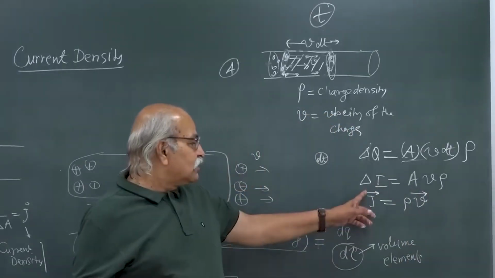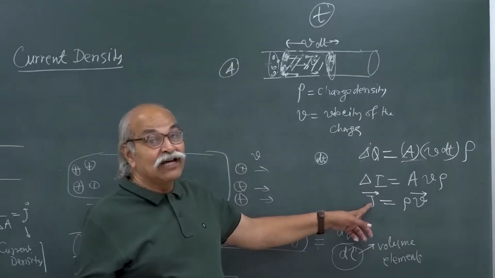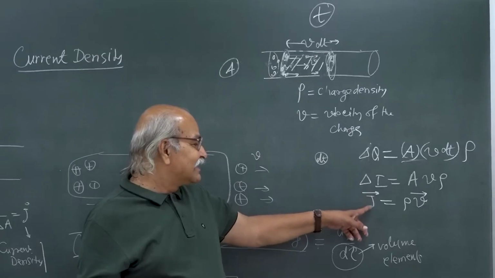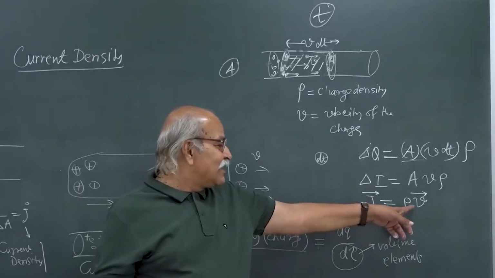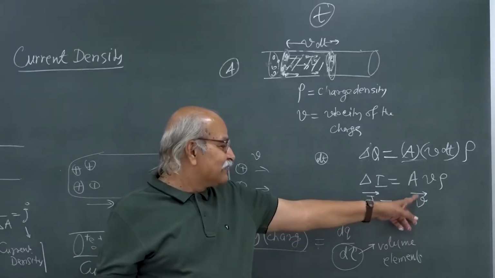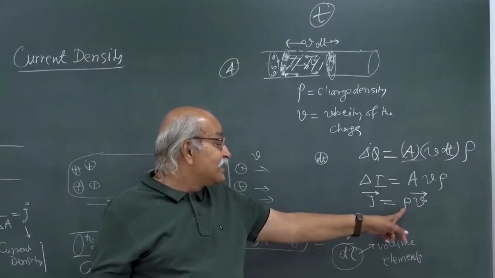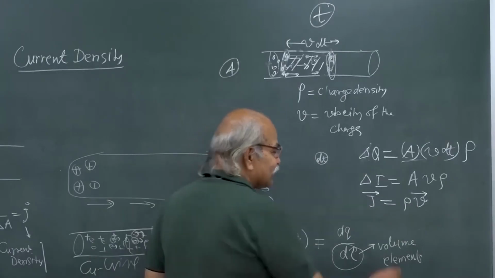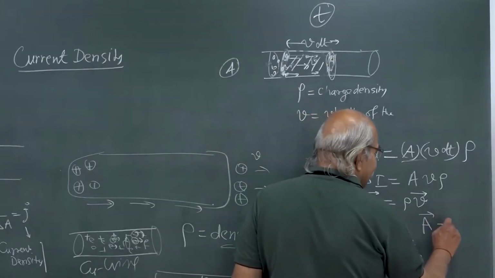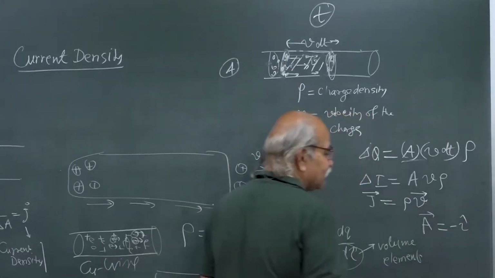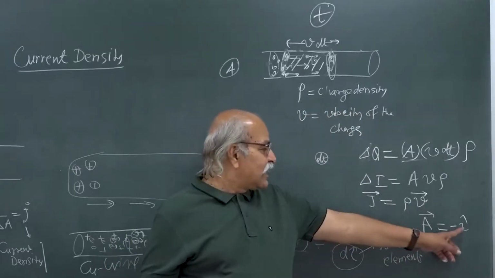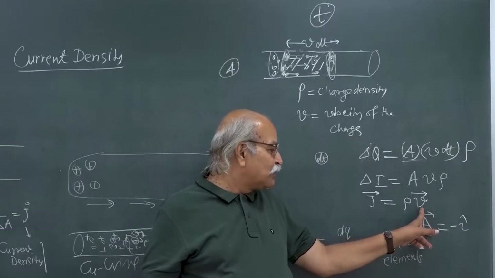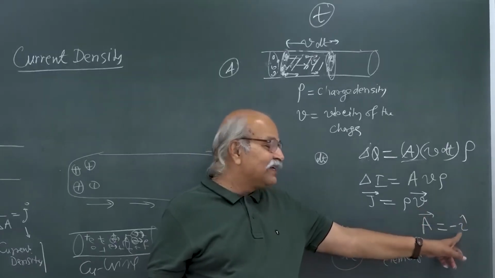Now I have the current density. The direction of this current density is the same as the direction of the velocity v, provided this rho is positive. You know that if I write some vector as minus i cap and multiply it by a negative quantity, then the direction of the vector is opposite to the direction of the i cap vector.